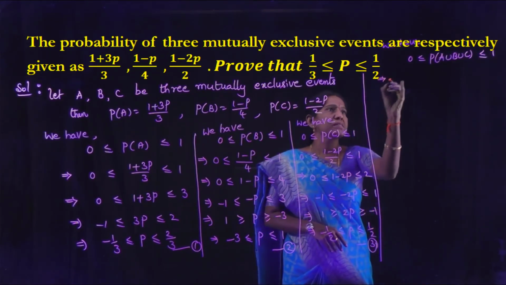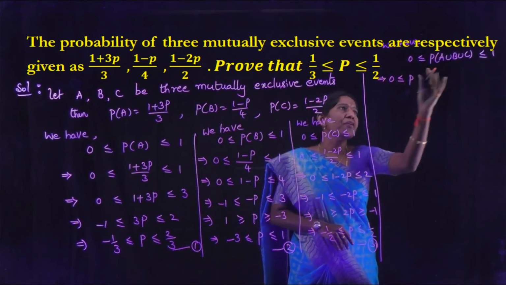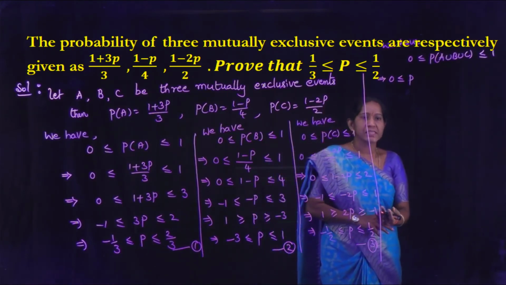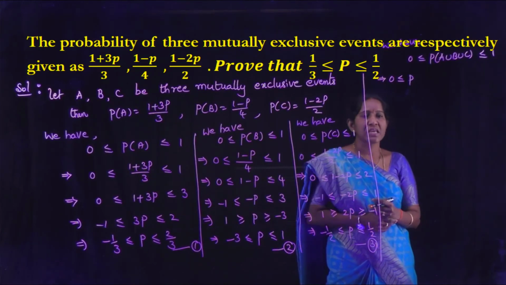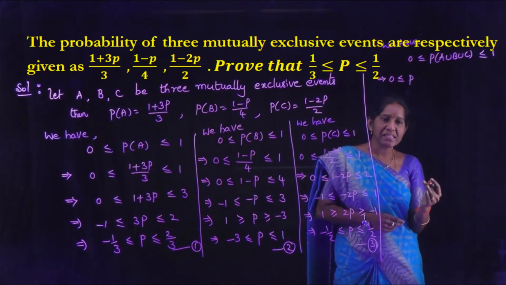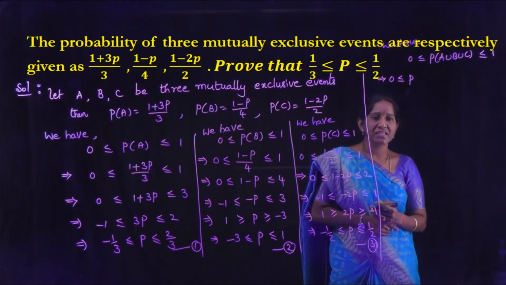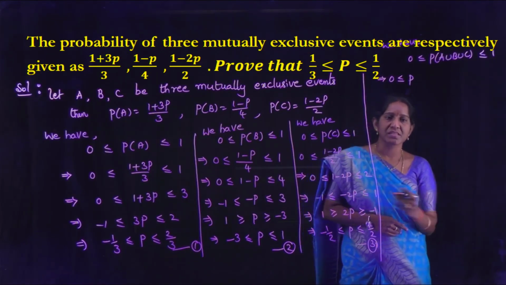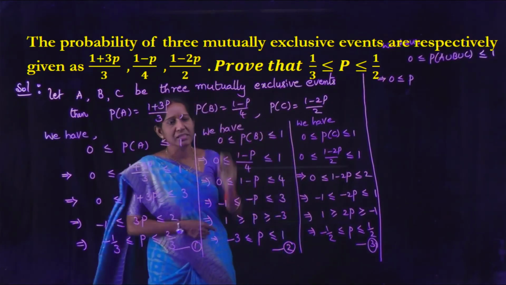Already we know the formula of this: P of A plus P of B plus P of C minus P of A intersection B minus P of B intersection C minus P of A intersection C plus P of A intersection B intersection C. Here it is given that A, B, C are mutually exclusive events.